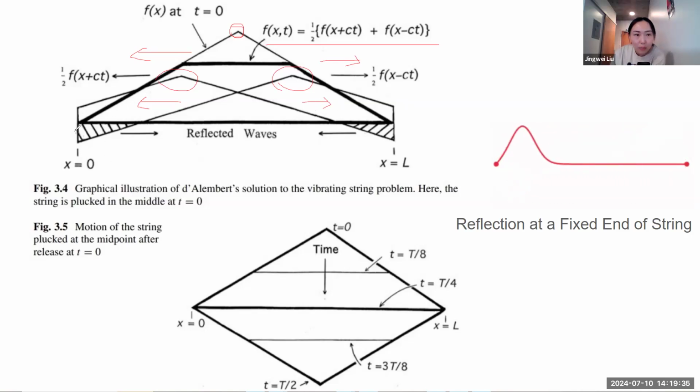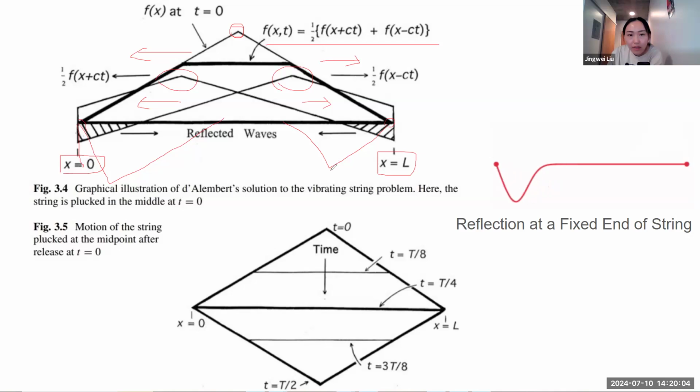But here, because we have fixed ends, x equals 0 and x equals L, when the left traveling wave hits this fixed node, it will be reflected back, and it's the same for the right traveling wave. When it goes in this direction and hits this node, it will be reflected back.